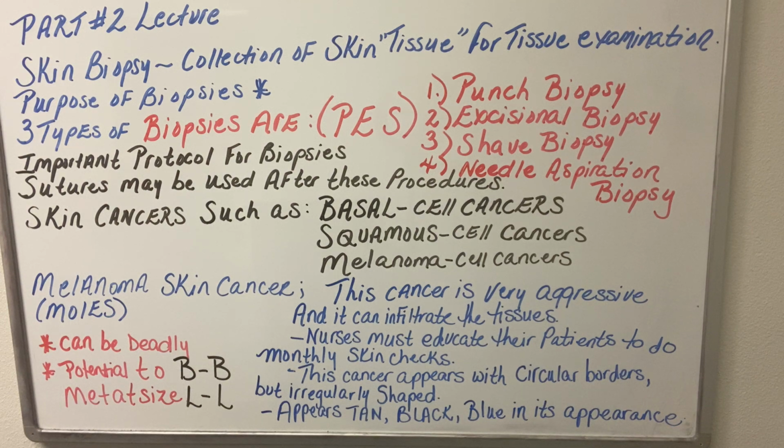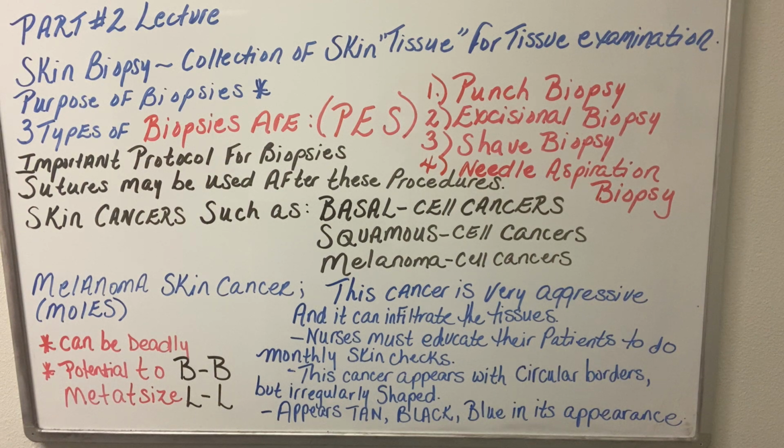It's past the epidermis layer that we talked about in the previous lecture. So excisional biopsies are much larger and much deeper into the skin, and because they're deeper, they will have to do a certain level of cutting, excising into the skin. So sutures will be needed with an excisional biopsy.